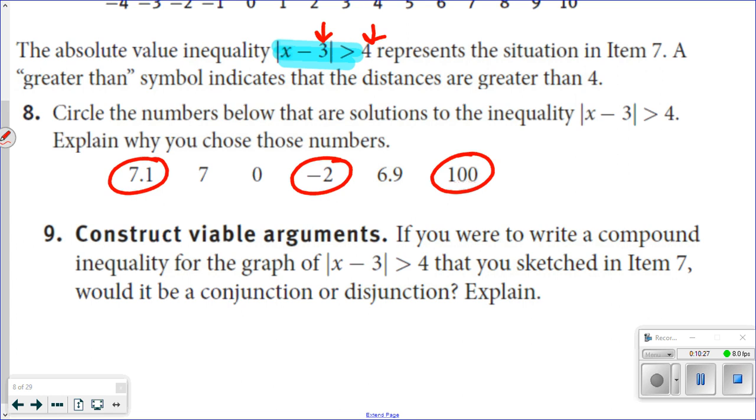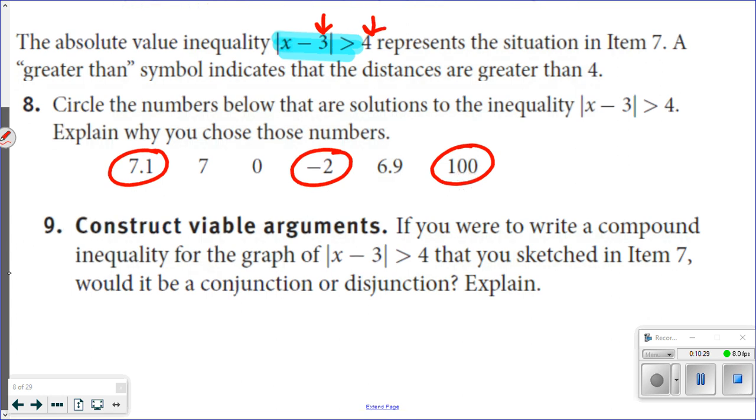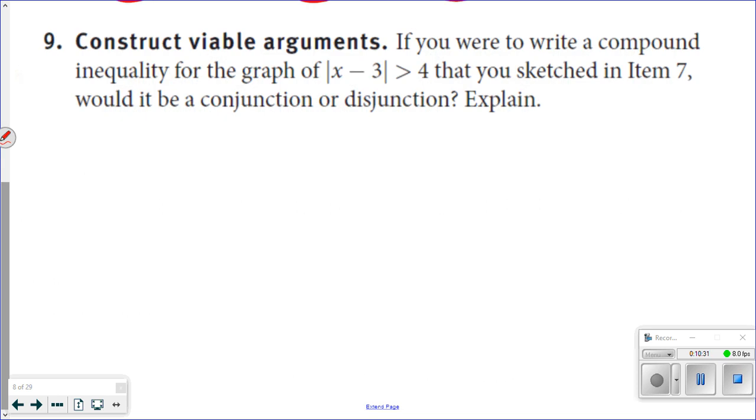So based on the graph in question 7, if we were to write a compound inequality, would it be a conjunction or a disjunction? So go back up and look at your graph in question 7. This is a disjunction. How do we know that?